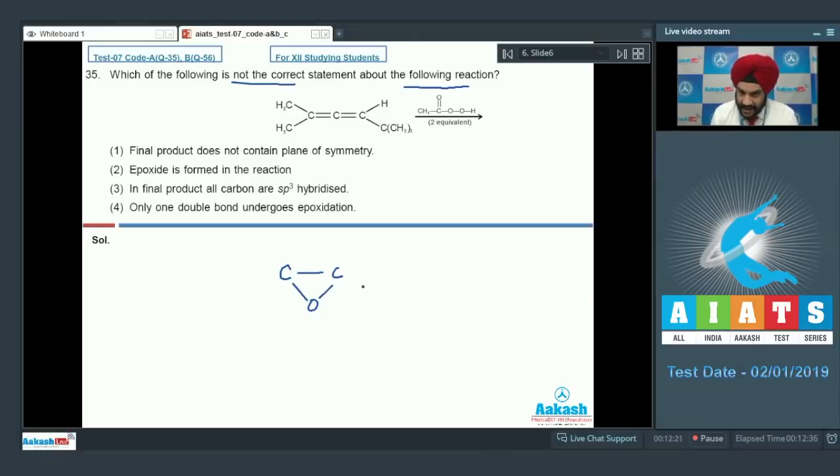The examiner is also interested in knowing about the stereochemistry. So we can talk about that also. So the major product which will be formed is given by this structure.